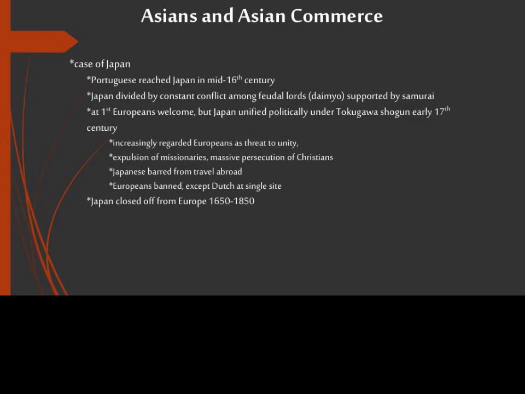Japan, at the time, was divided by constant conflict among their feudal lords called daimyo that were supported by samurai, or their warriors. And because the Portuguese were the first to reach Japan, not until the 1500s, there was limited European contact in Asia. Historians frequently stress the new changes and can forget the existing patterns and continuities.